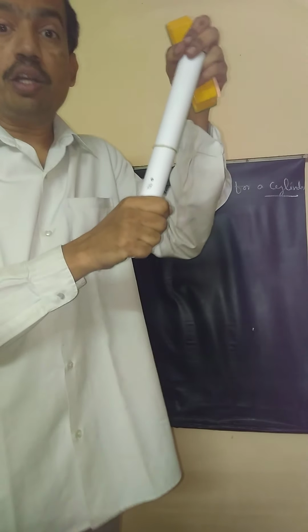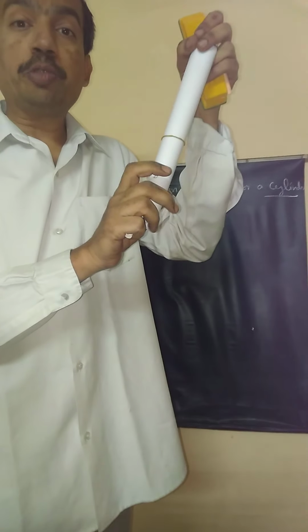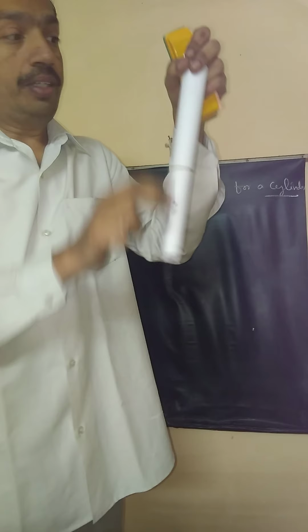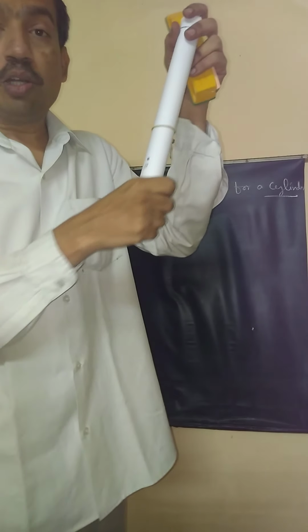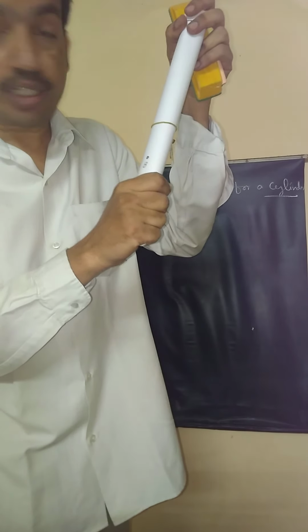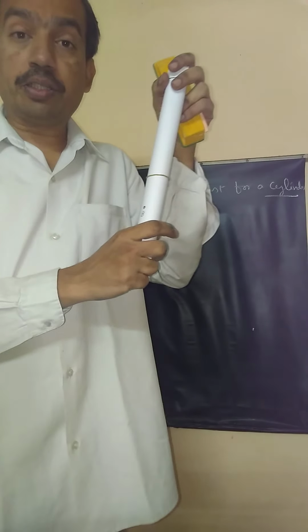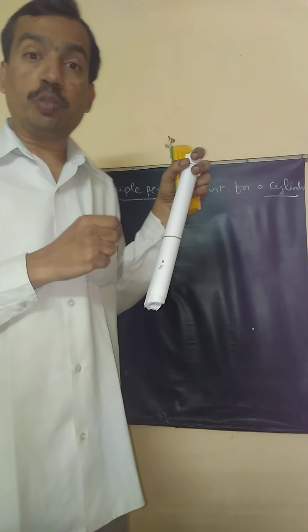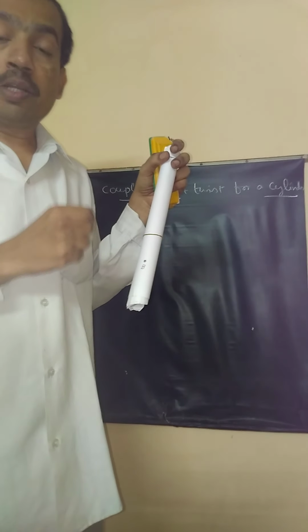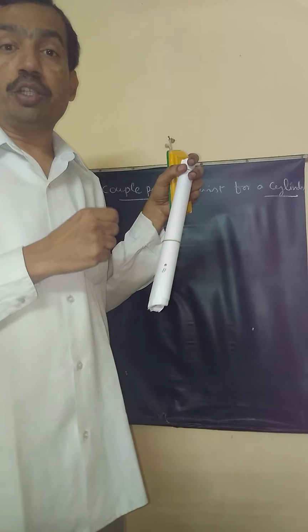In the case of solid cylinders, this displacement is very less. This is made of a small cardboard, so you see so much of strain. But if you take a steel rod, steel wire and twist it, the displacement is very less. Can you recollect your experience with the lab experiment called rigidity modulus determination in physics lab?